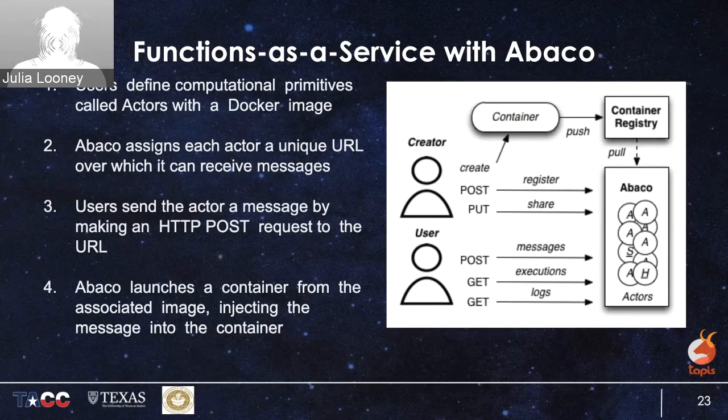So then the user can simply send the actor a message via HTTP POST request to the URL, and it will launch a container with the image that the user provided, and it will inject the message into the container. And so this can allow the user to essentially run whatever can be in a Docker image over Abaco.